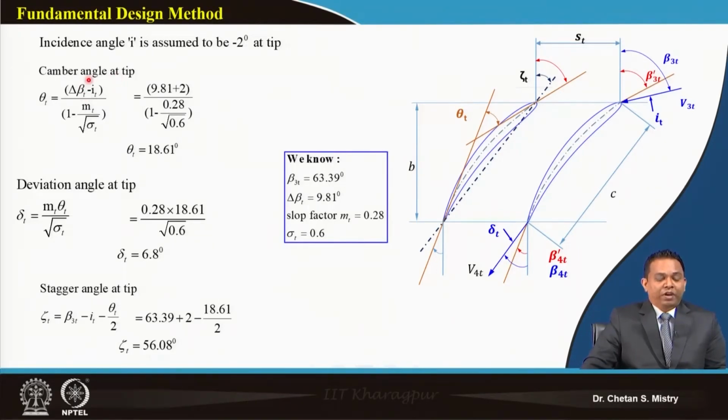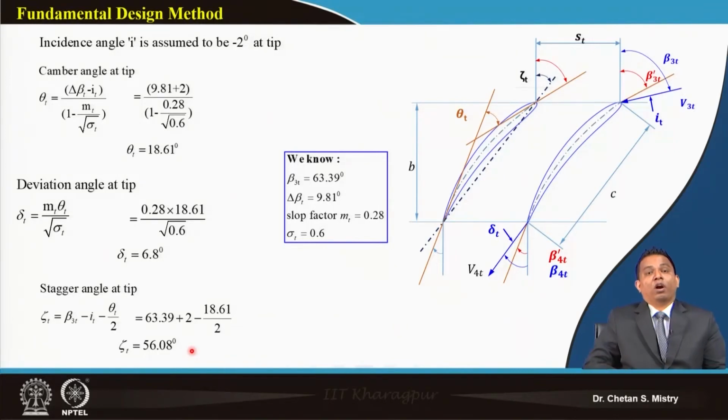Okay. And if we put this in, my camber angle is coming 18.61, my deviation angle is coming 6.8 and my stagger angle is coming 56.08 degree.